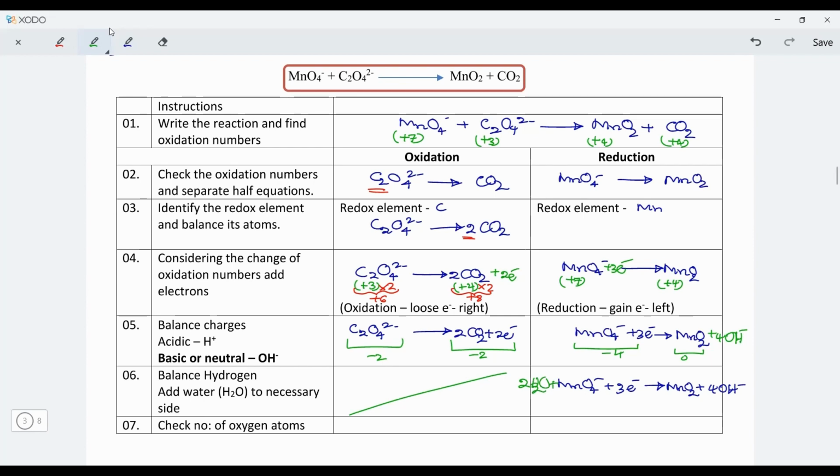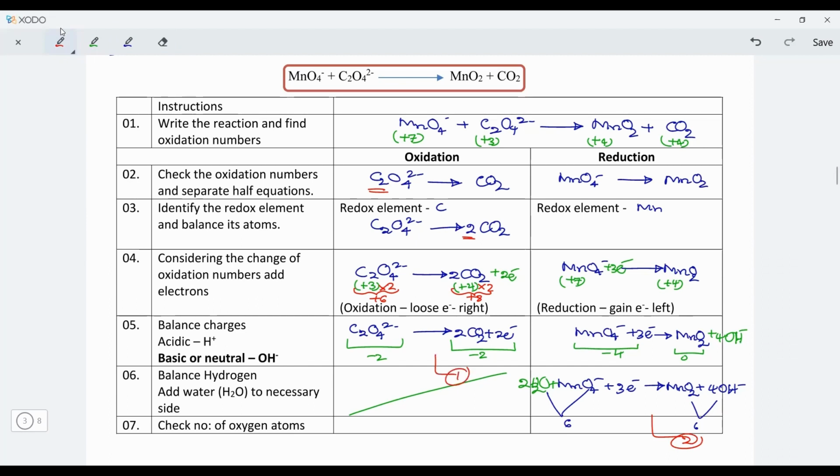To make sure whether we did this correctly, please check oxygen atoms. Here you have 2 and 4, altogether 6. Here you have 2 and 4, 6. We did it correctly. Then, like we followed earlier, you want to multiply the reactions and add. I will label this as the second one. This is the first one.